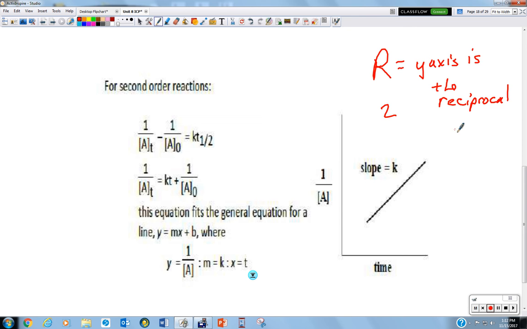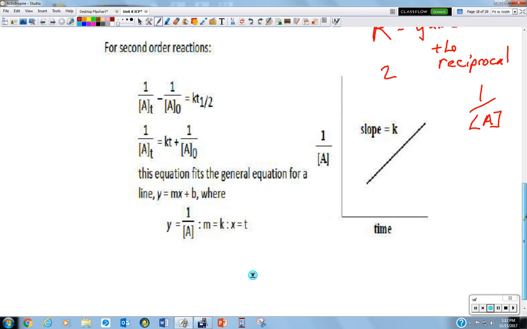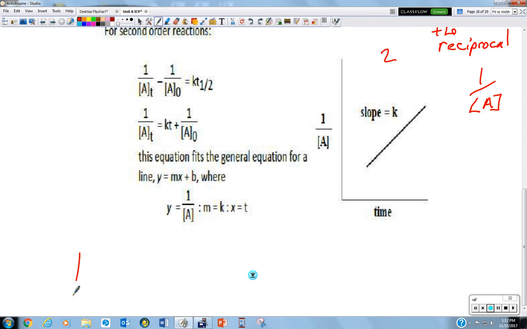I think I misspelled reciprocal, but basically you get 1 over the concentration of A, which is a reciprocal, right? Zero is C. So to remember them: concentration, ln, reciprocal.